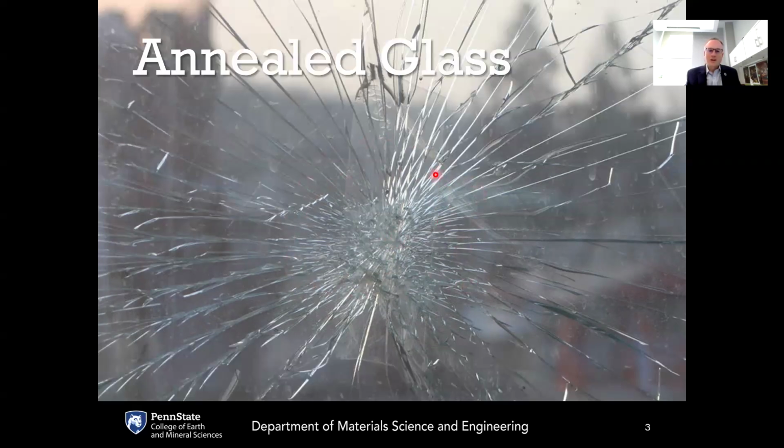So this is something that is typically observed in annealed glasses because all that energy is coming from an external source. It's coming from whatever projectile is being thrown into the glass, and that creates all of these new fracture surfaces starting at this point of impact.